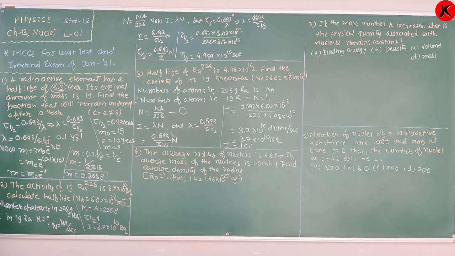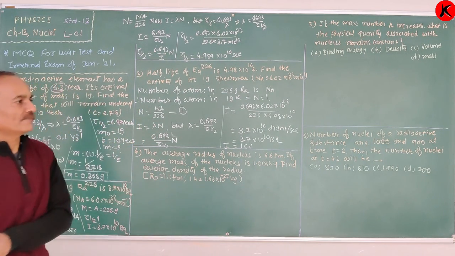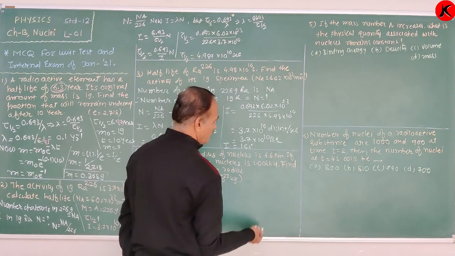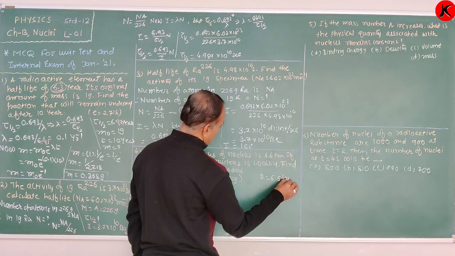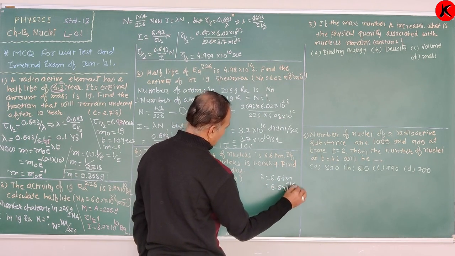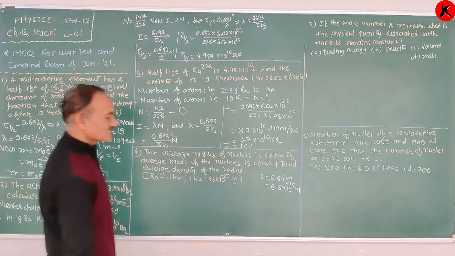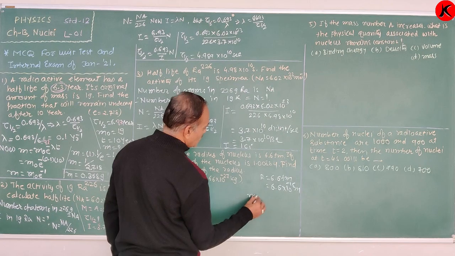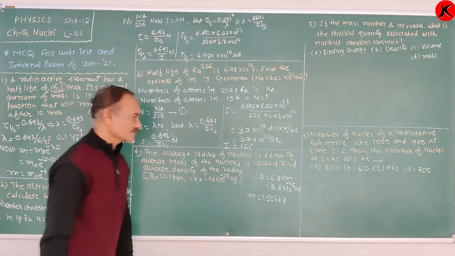Clear? Okay. Now next, the average radius of the nucleus is 6.6 fm. Therefore, r is given as 6.6 fermi, that means 6.6 into 10 to the minus 15 meter. The average mass of the nucleus M is given as 1.0088 atomic mass unit.